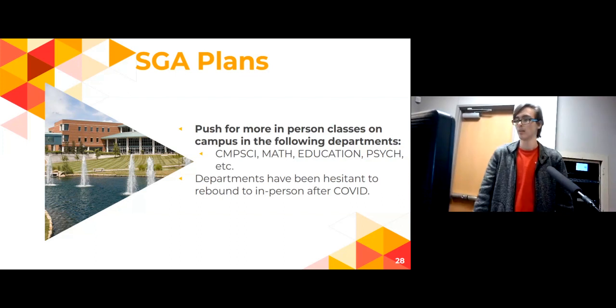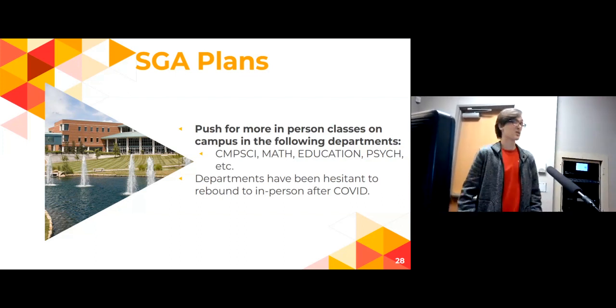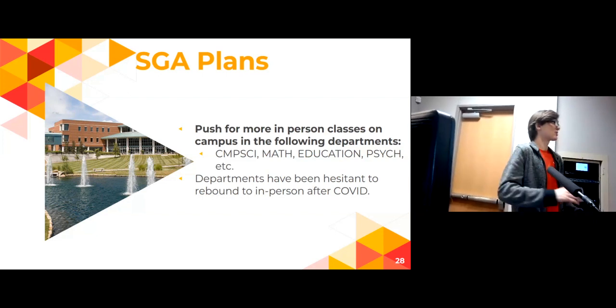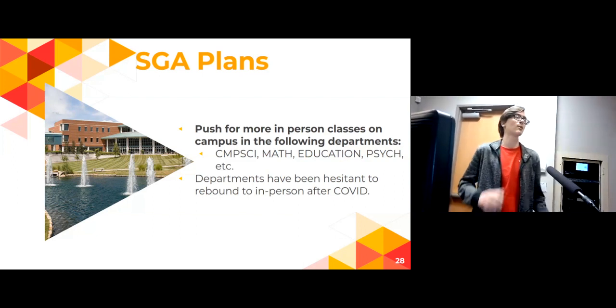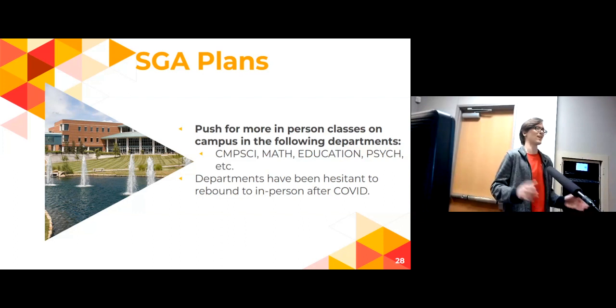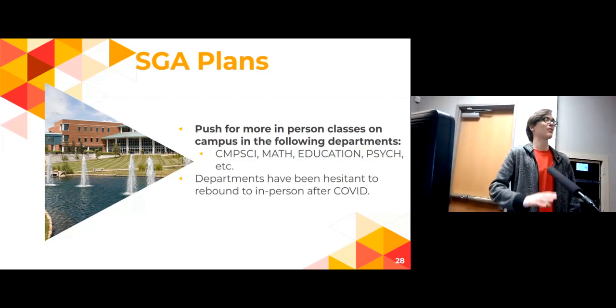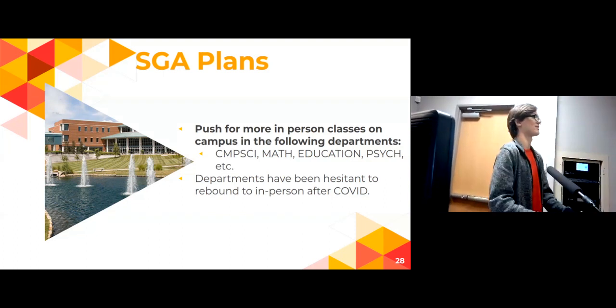So I'm looking to reach out to the comp sci and math departments about getting more in-person classes scheduled. It sounds like the big issue is that ever since COVID, these departments have been really hesitant about going back to in-person classes because they think, we did online, students love online, it's fine, we'll just save a bunch of money by not hiring professors and shove them all into online classes.